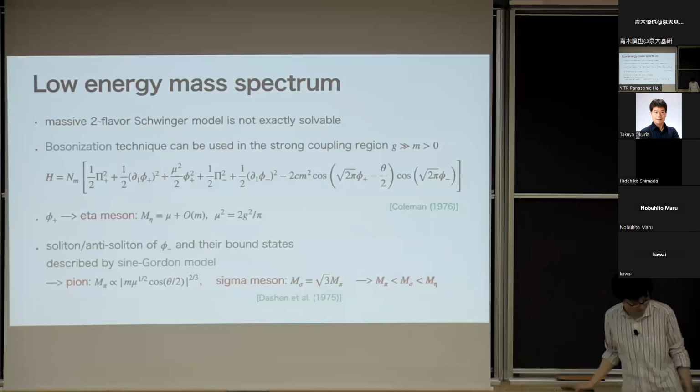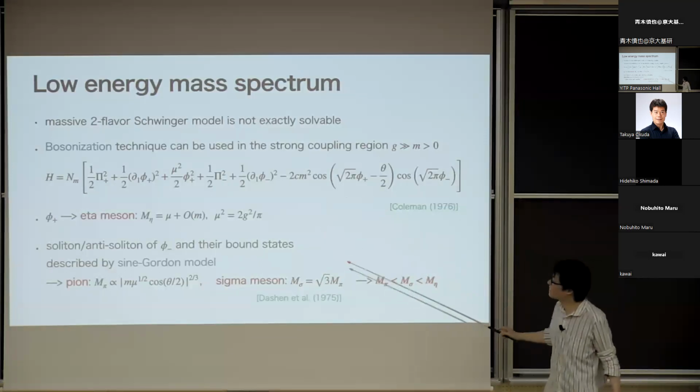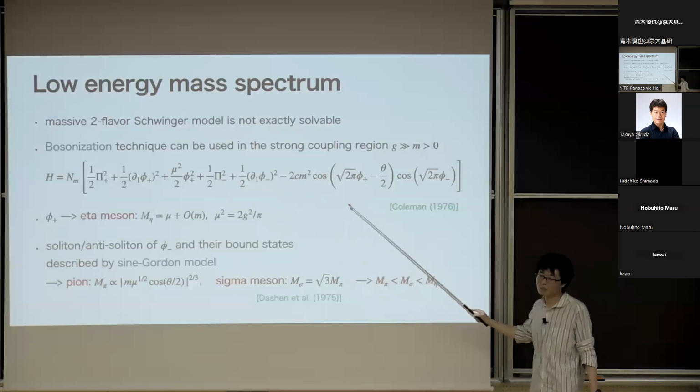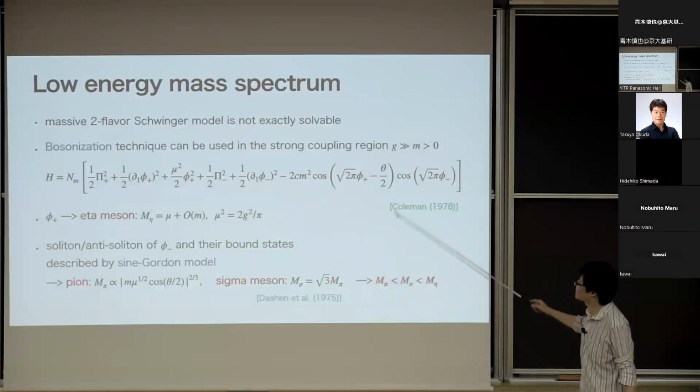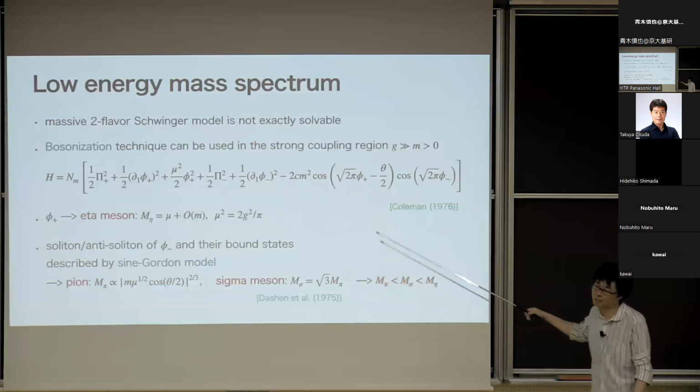Excuse me, how can I see flavor symmetry at this level? Actually, this model has isospin symmetry, but it's very non-trivial, and maybe we cannot directly see it in this form. It's very non-trivially hidden.